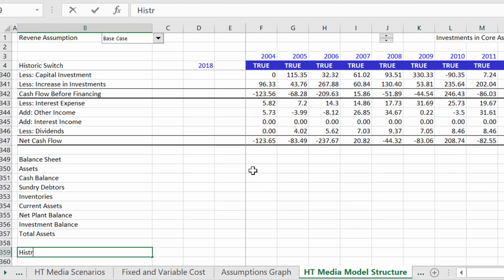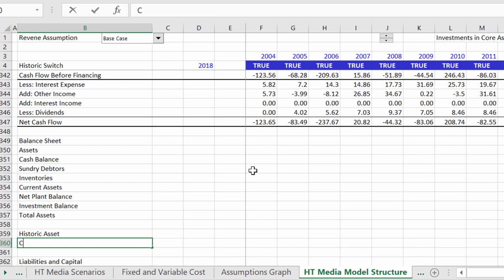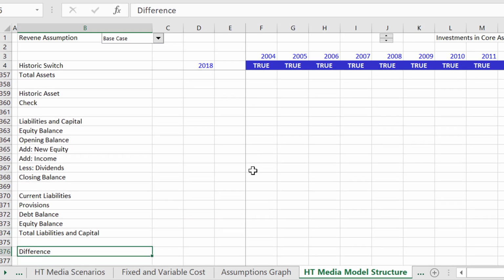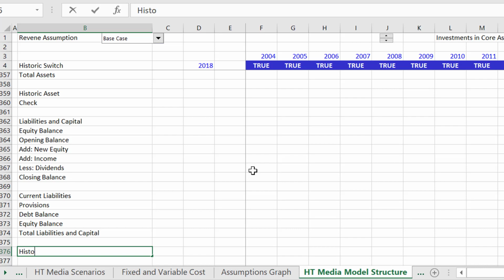So we put our historic assets in here and then a check. And we can do the same thing down here. When we go to our liabilities, we'll do the same thing. Historic liabilities and capital and check.